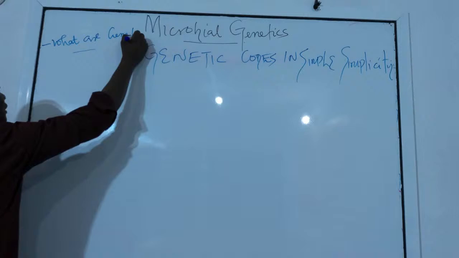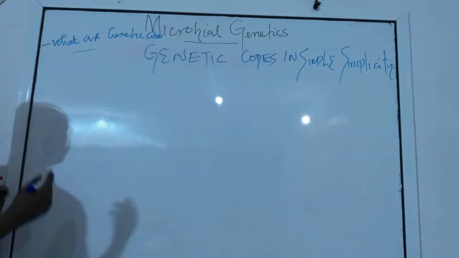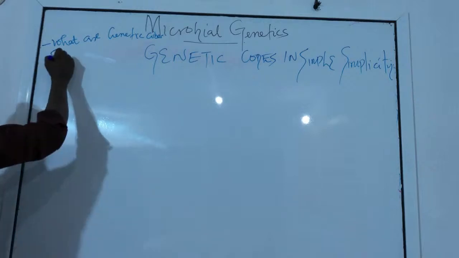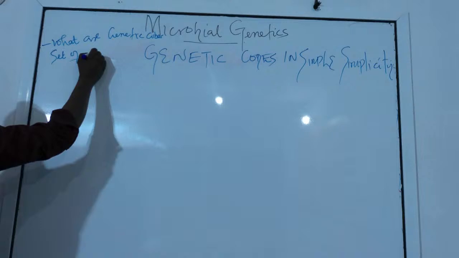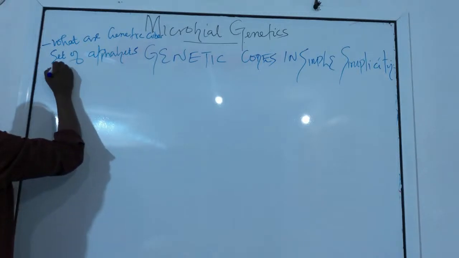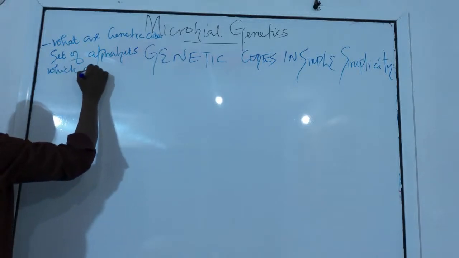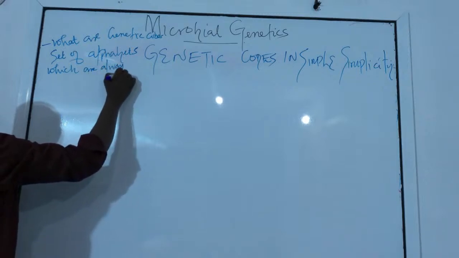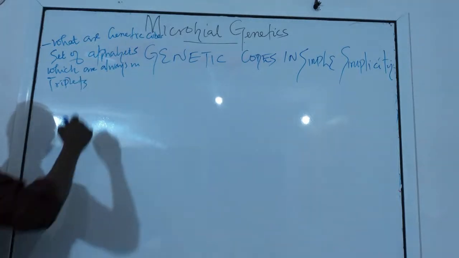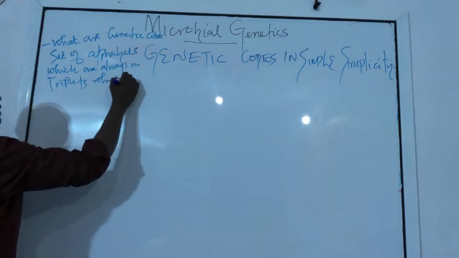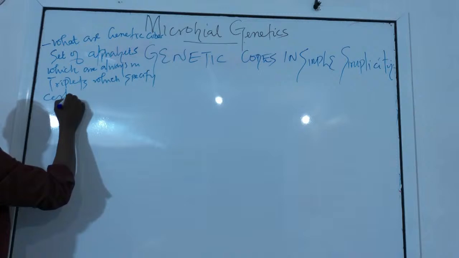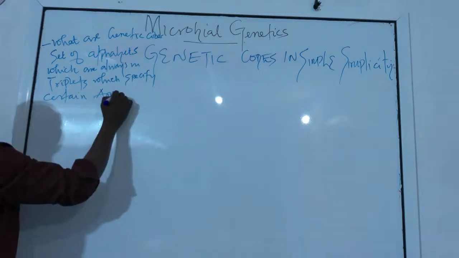To a layman, genetic code is a set of alphabets, which are always in triplets, which specify or code for certain amino acids.